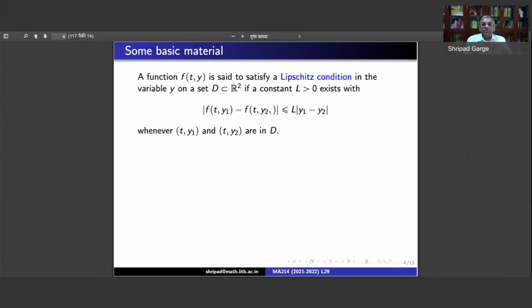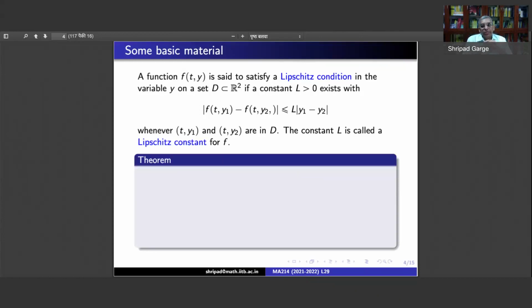So the difference between the function values at (t, y1) and (t, y2) for any fixed t should be less than or equal to capital L times mod of y1 minus y2. This is what is called a Lipschitz condition, and this capital L is called the Lipschitz constant for our function f.